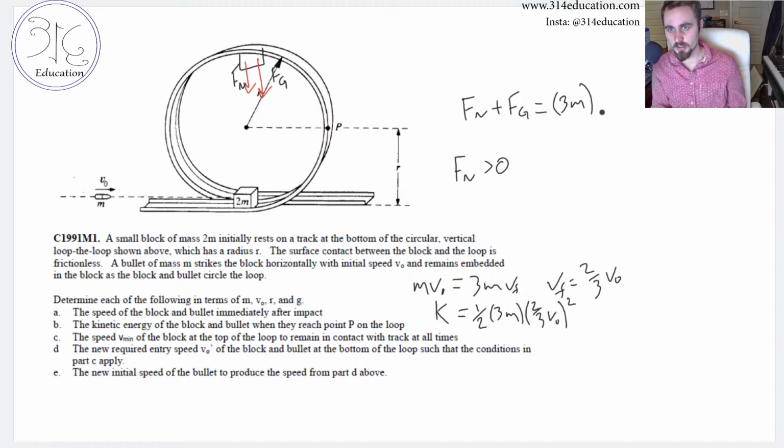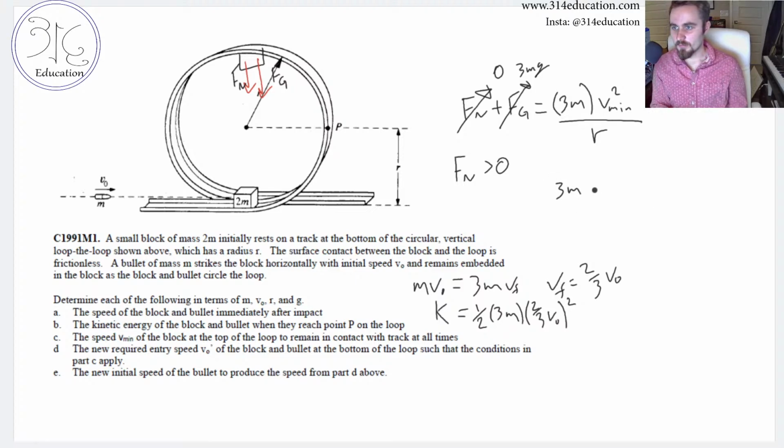So we have 3m v squared, this is that v min we want, over r, which is just r. That's convenient. And so we want the case where Fn goes to 0. And so we want to solve for v min, where this goes to 3mg.